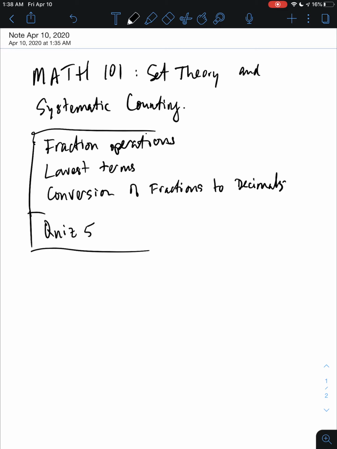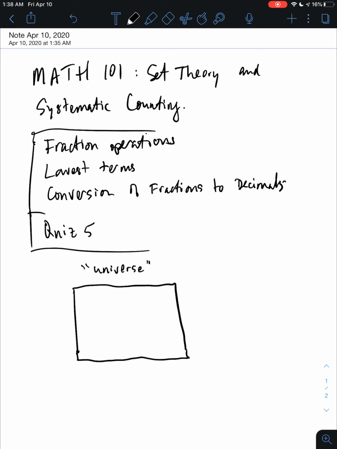So the idea of set theory is that there's some kind of universe, and it's not everything in the whole real universe, but it is a kind of working universe that we have. It's the universe of discourse, so whatever is the subject of our investigation. So it may be students in our Math 101 class, for example.